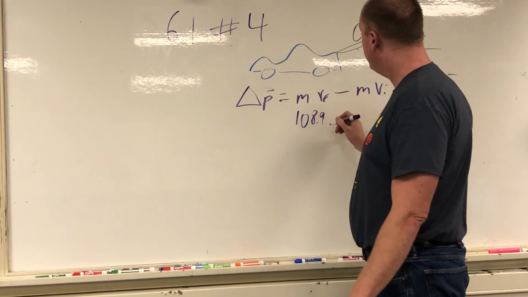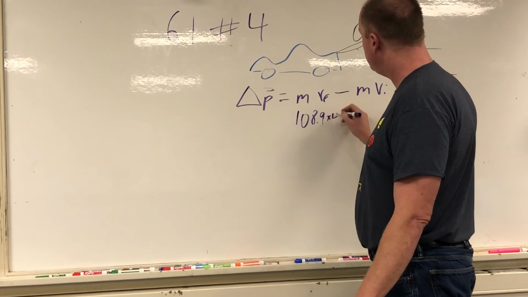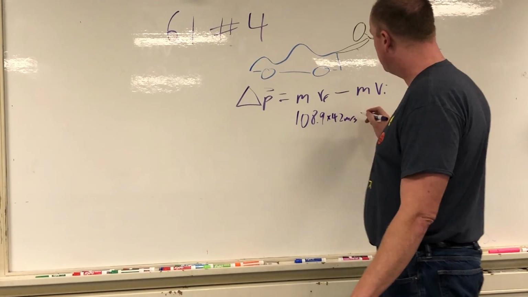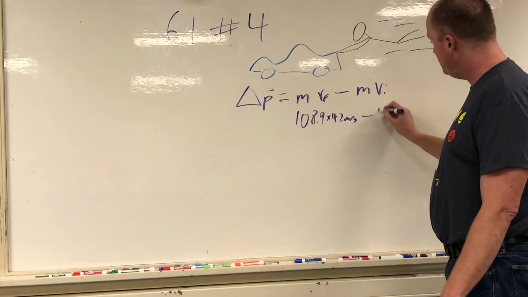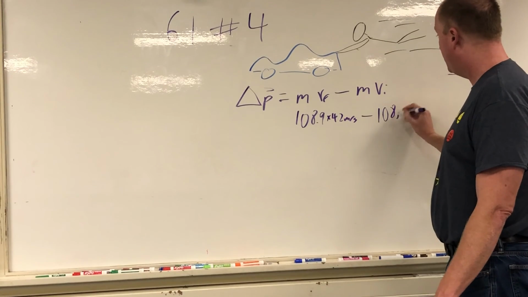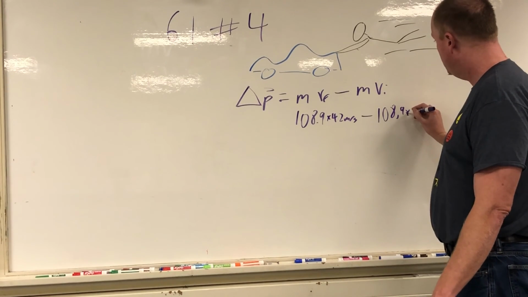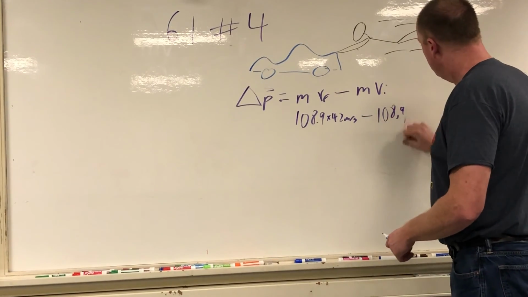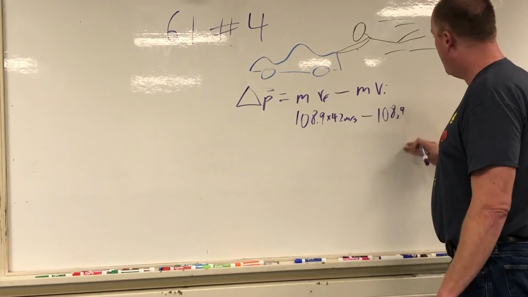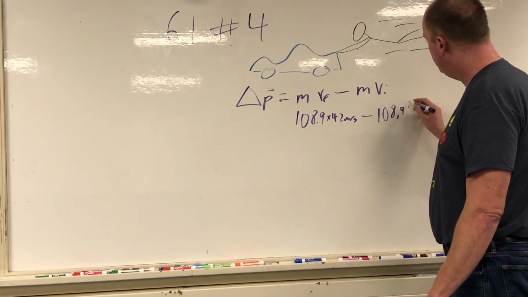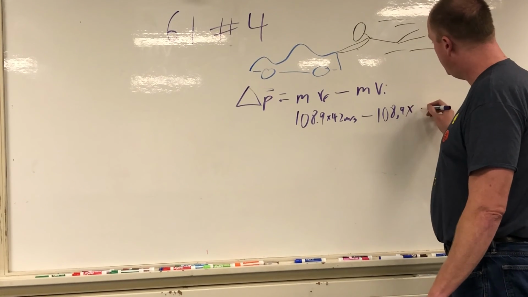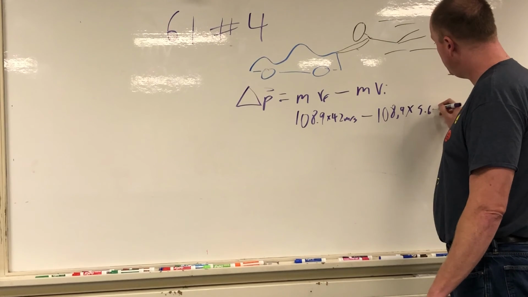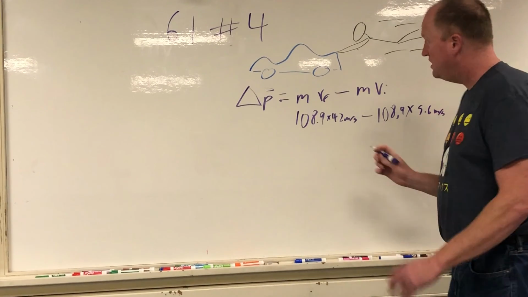Your mass is going to be different. My car's final velocity is 42 meters per second. Initially, I'm still 108.9 kilograms. But my initial velocity was 5.6 meters per second.